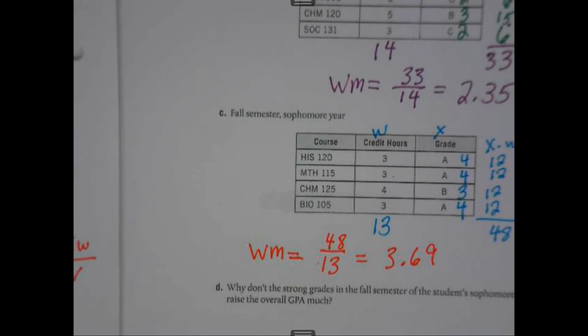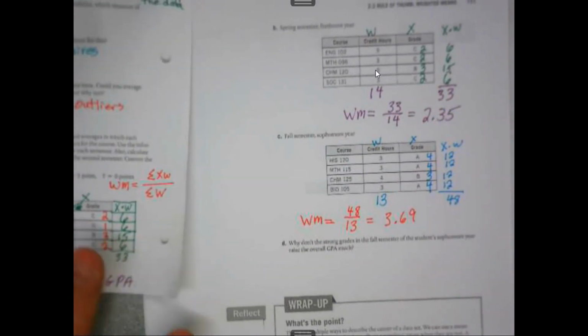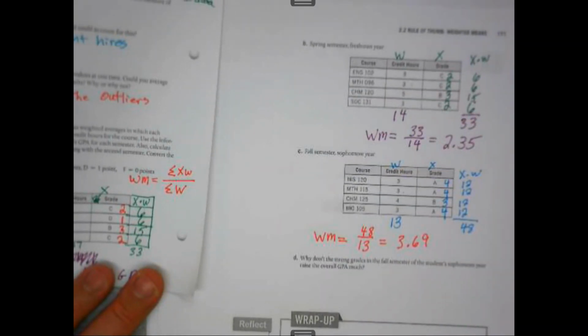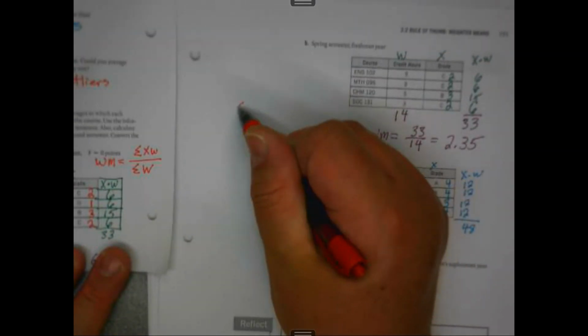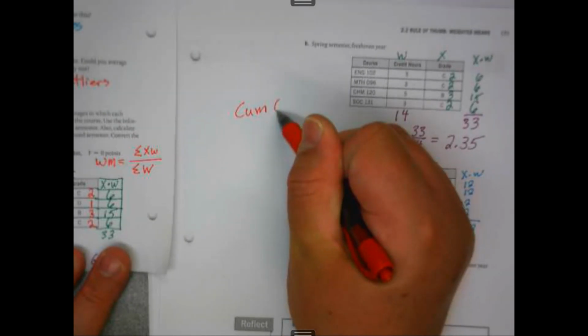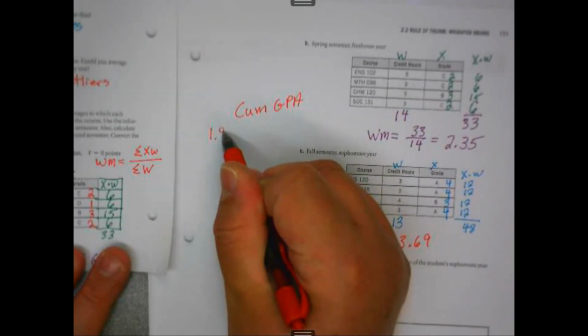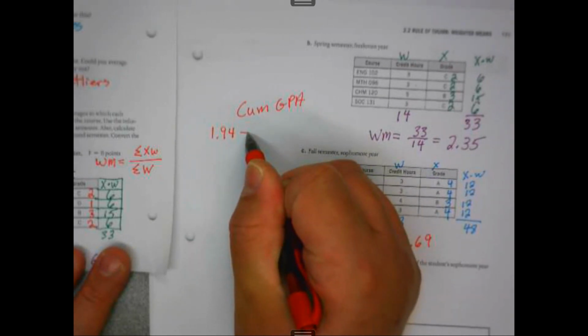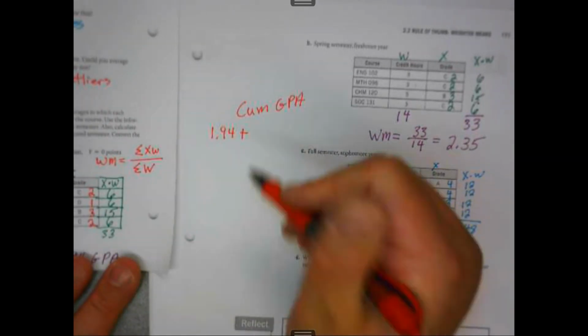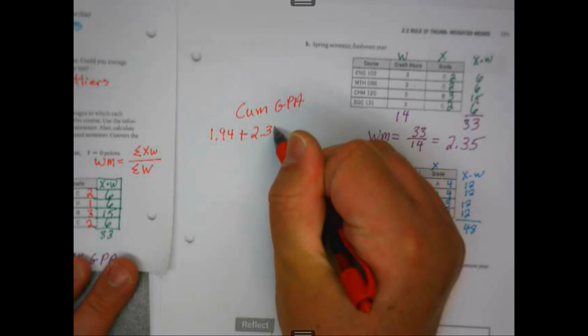I'll zoom out here for a minute. First one was 1.94. So this is cumulative GPA. 1.94 plus the second one was 2.35.